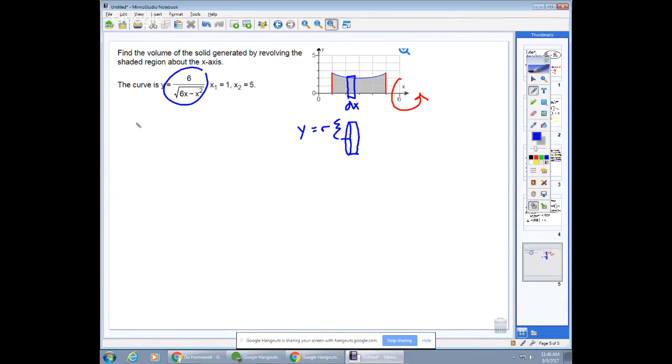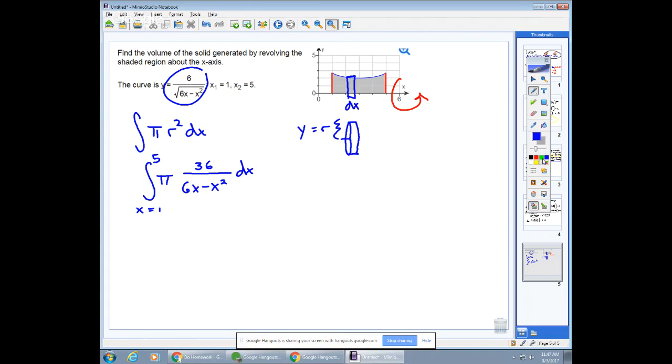So we're going to calculate the integral of pi r squared dx, where r is that function. So that's going to give us the integral of pi times the square of that. So I'll give a 36 on the top. Square root goes away in the bottom, so we just have 6x minus x squared dx as x goes from 1 to 5.